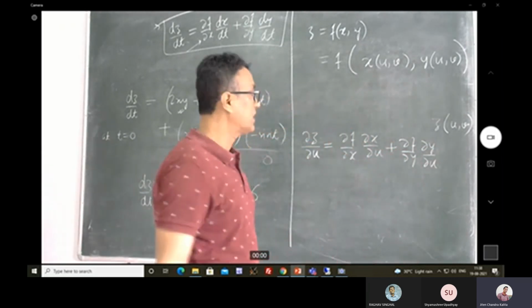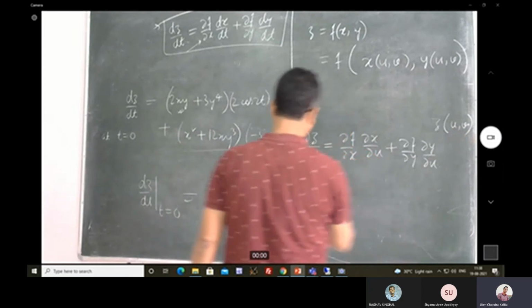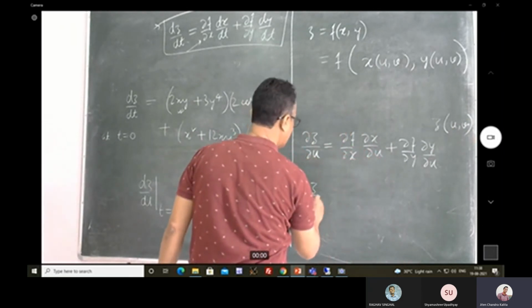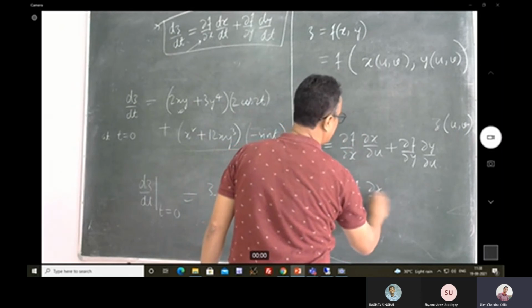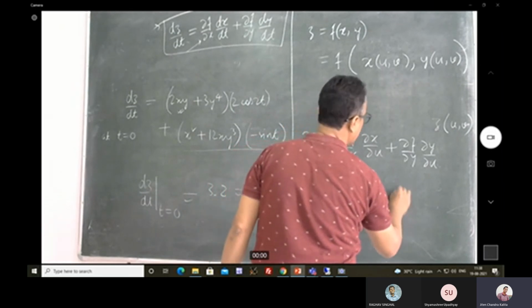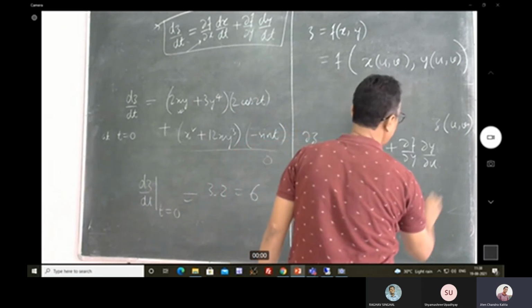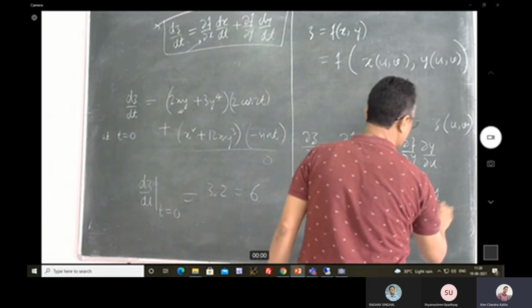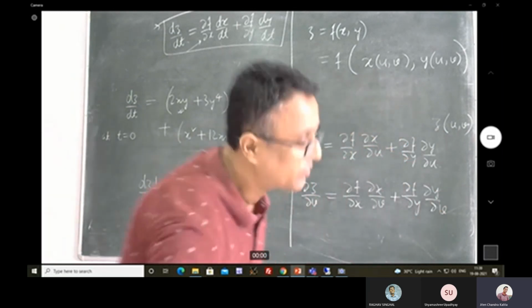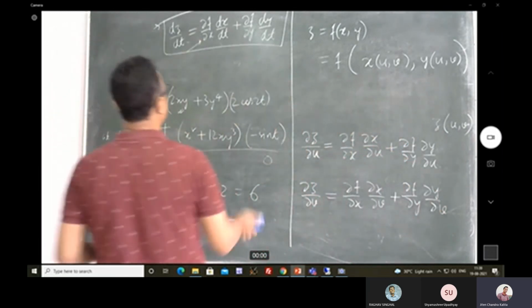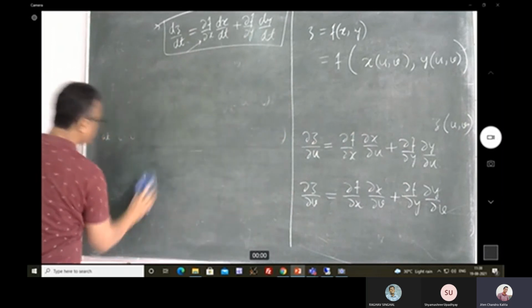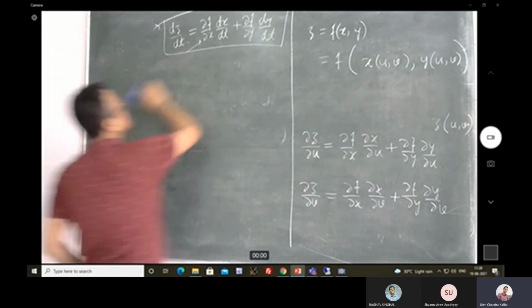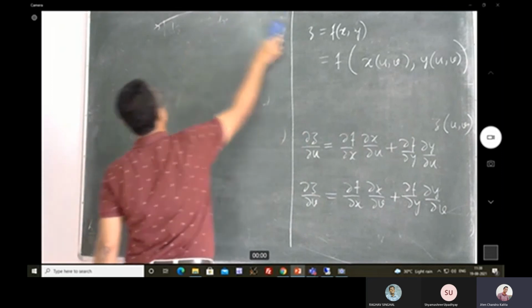And again, we have to take care of the other variable, so del z/del v is similar: del f/del x times del x/del v plus del f/del y times del y/del v. So this is for when z is a function of two variables, and each of those two variables is itself a function of another two variables.